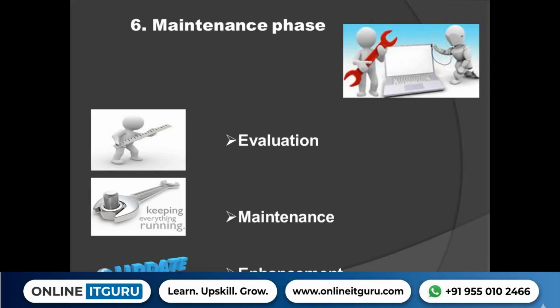In this maintenance phase, we are going to check whether the system is giving any bugs on the real-time data or not. If the system is giving bugs, then we are going to assign those bugs to the developers. The developers are going to fix those bugs, the tester is going to test those bugs again, and after that we are going to release to production as a patch. So this is a continuous cycle.